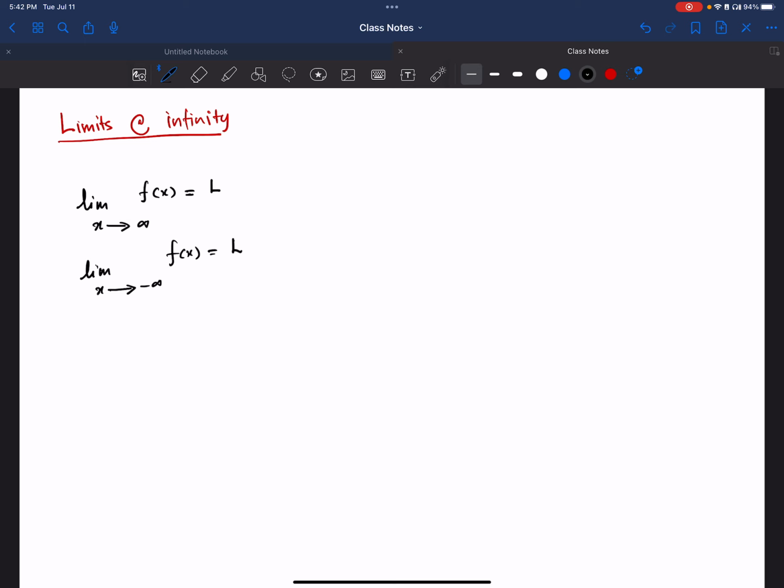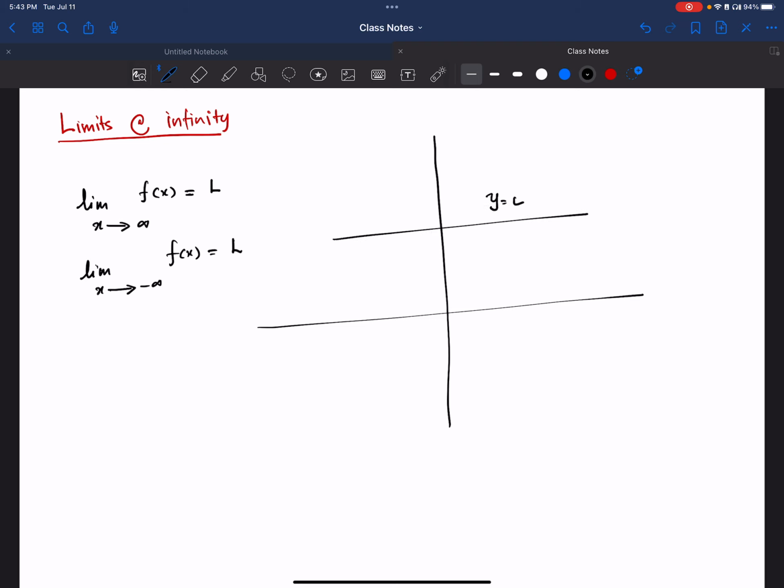In that case, the line y equals L would become a horizontal asymptote. This is called a horizontal asymptote.